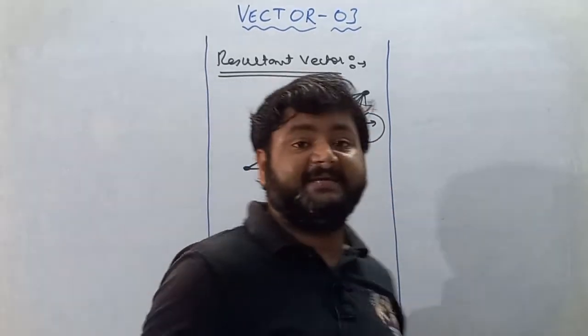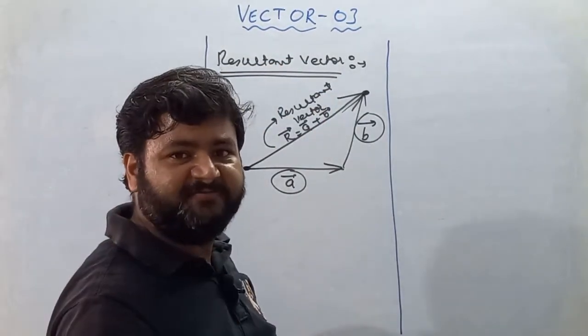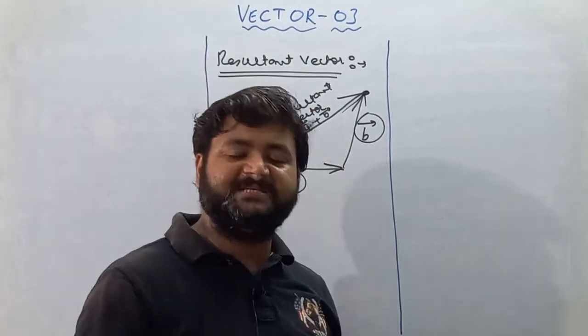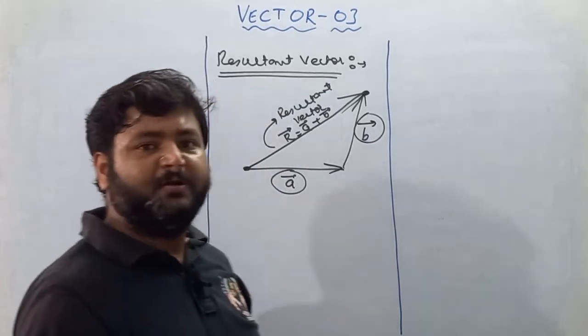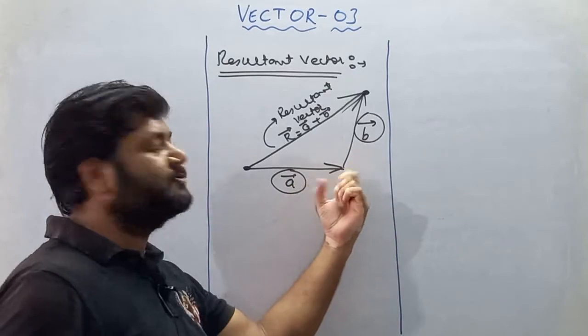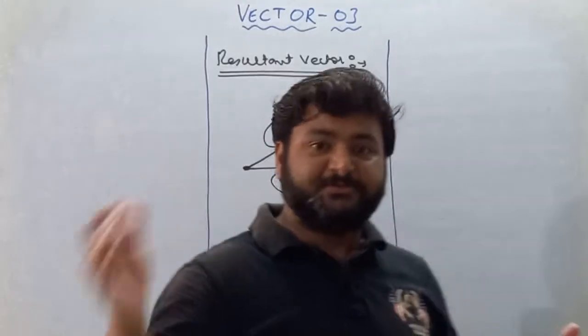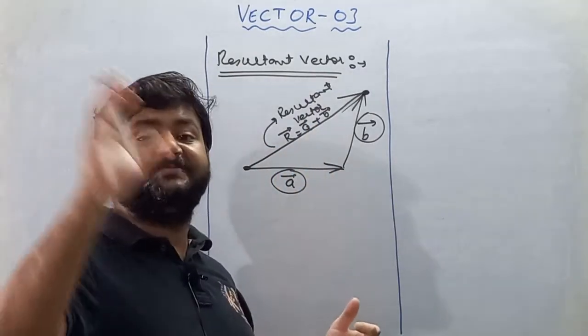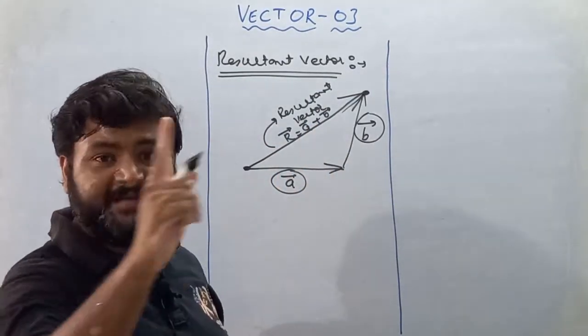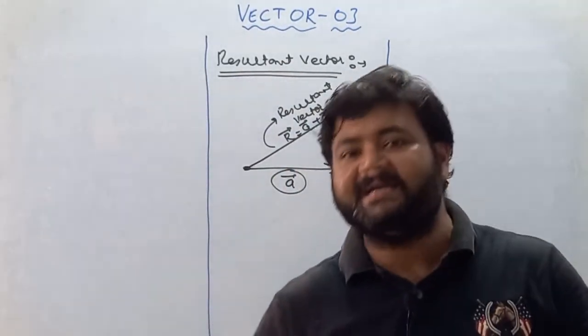Actually, resultant vector means that vector which creates the same effect which is created by these two vectors. If these two vectors combine, let's suppose they create some effect. That effect is basically created by one individual vector, and that individual vector is called the resultant vector.